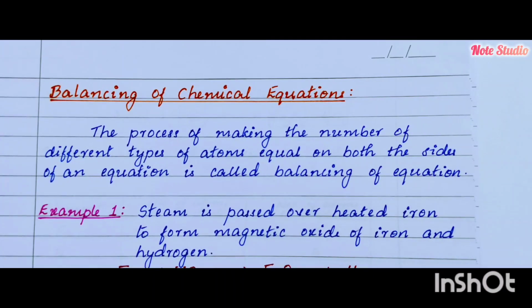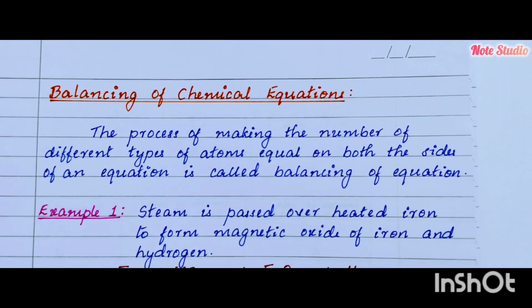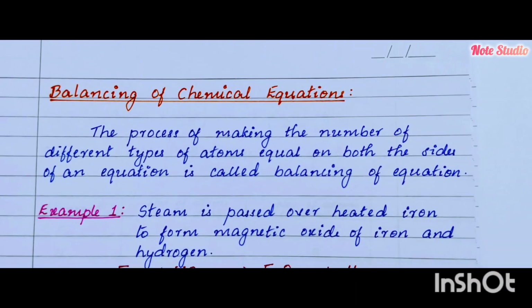Okay. For iron, what is the formula or symbol we are using? It is Fe. Now we got two reactants, one is Fe and H2O. Products, magnetic oxide of iron and hydrogen. Hydrogen gas is formed. Hydrogen gas is nothing but H2.